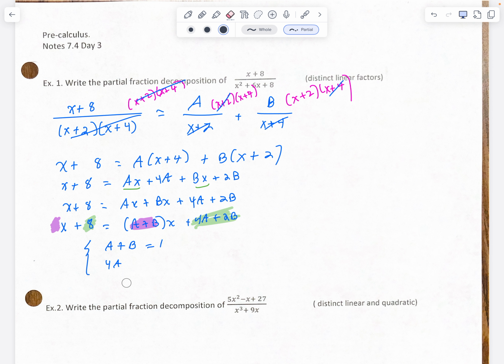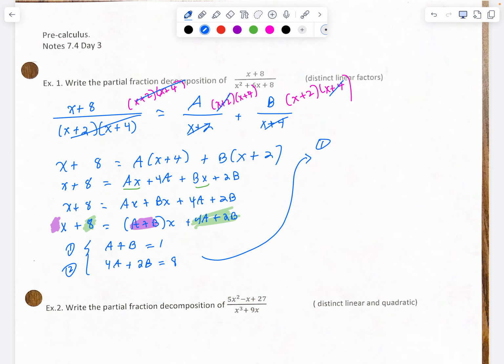So instead of addition, it's subtraction, and that's the same as plus a negative 2 over x plus 4. But it's more common to just put it that way. You need to go all the way to substituting them back in. If you only leave it where A equals 3 and B equals negative 2, you will not get full credit on these because of the fact that it wasn't set up for you.